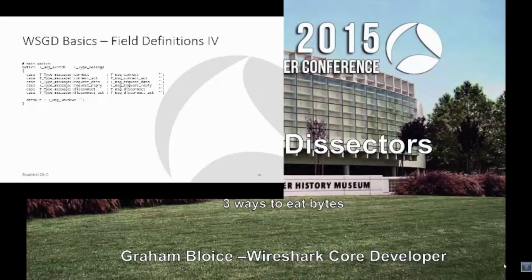And this is the last bit of the field definitions. This is where we translate the integer numbers for the message types to the strings. And we have a default there for the message unknown. These are all, the keywords and all this is defined in the examples in WSGD.